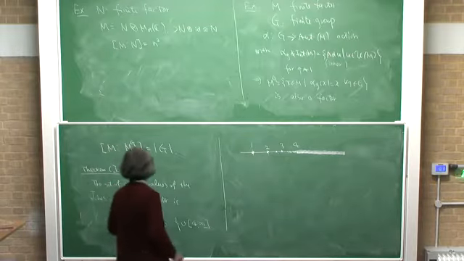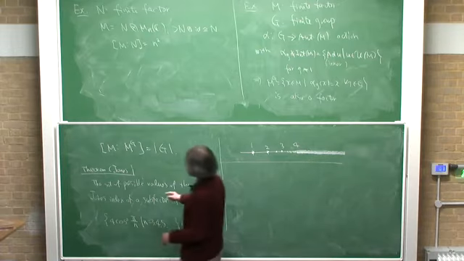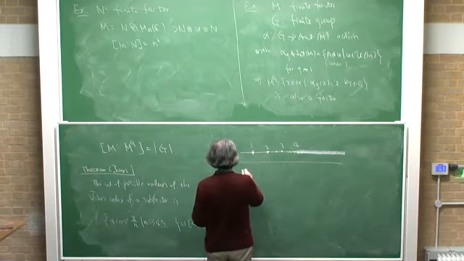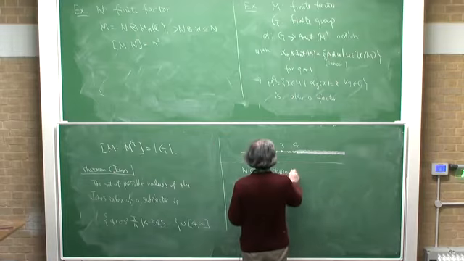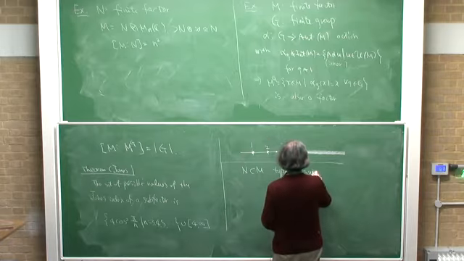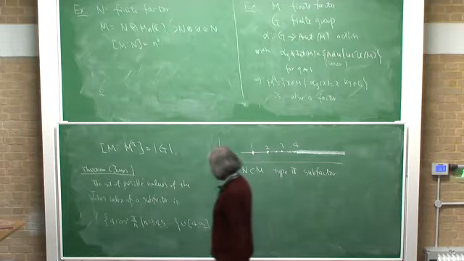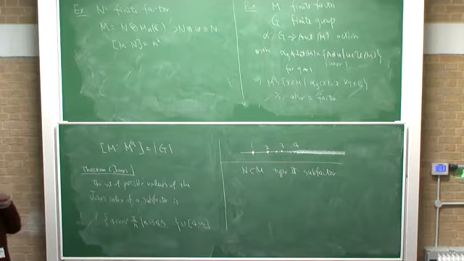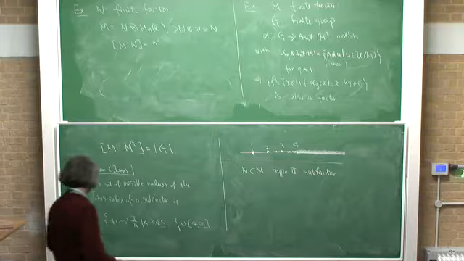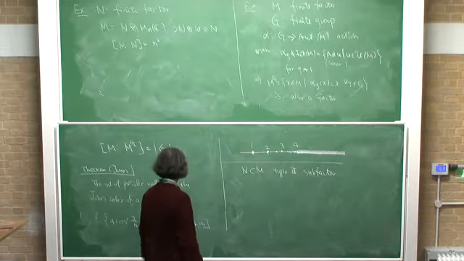Now up to this point, everything is about finite factors. And now take factors of type 3. So now both N and M are type 3 factors. And in this situation, we want to define the index.